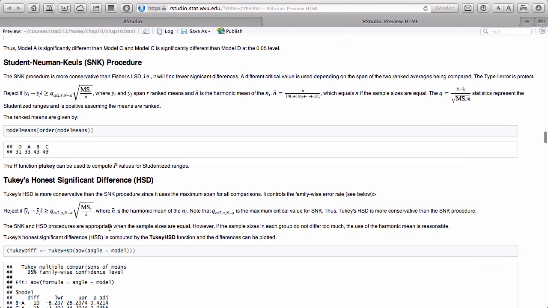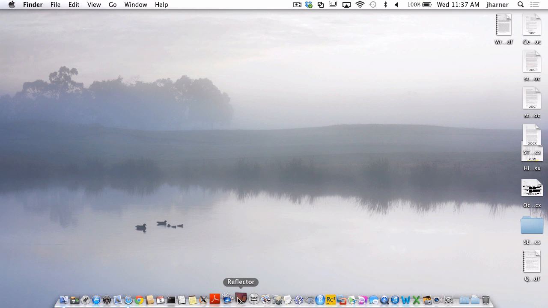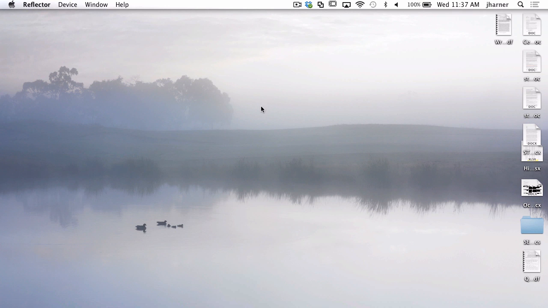But before I do that, I just want to mention the Student-Newman-Keuls and the Tukey significant difference because they're both based upon the concept of a span. And in order to do that, I'm going to go back here and start up the software that allows me to project up, the reflector software.